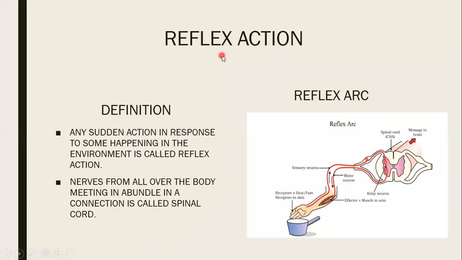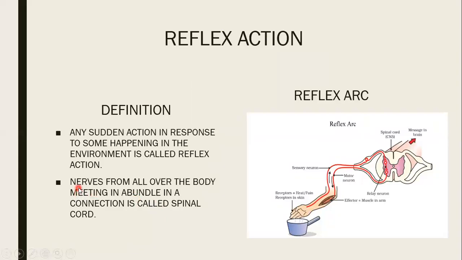Okay, now to understand the reflex action, we should understand the concept of spinal cord, and we should understand the concept of reflex arc. Now what is this reflex arc? I'll explain the diagram, but first understand what is this spinal cord. Nerves from all over the body meeting in a bundle in a common connection, and that common connection is called the spinal cord.